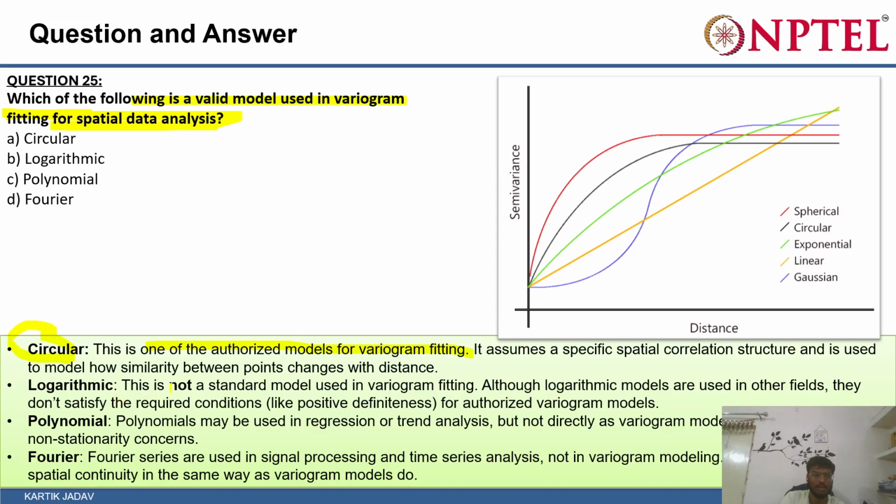While logarithmic is not a standard model used in variogram fitting, although logarithmic models are used in other fields, they don't satisfy the required conditions. Polynomial may be used in regression or trend analysis but not directly in variogram models. While Fourier series are used in signal processing and time series analysis, not in variogram models. So the correct answer is option A, that is circular.